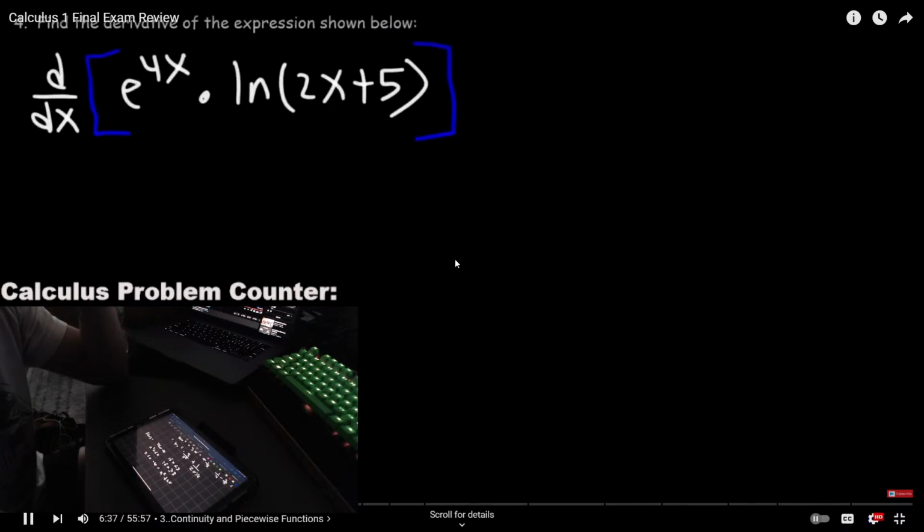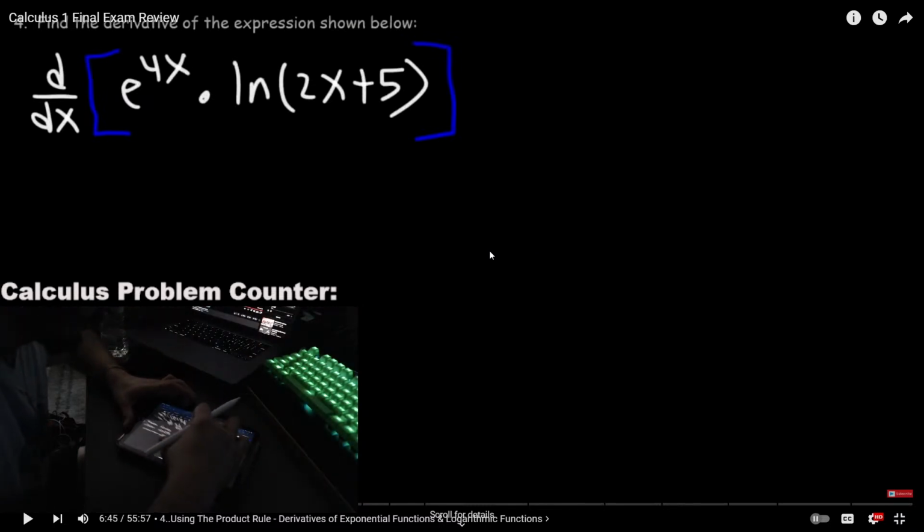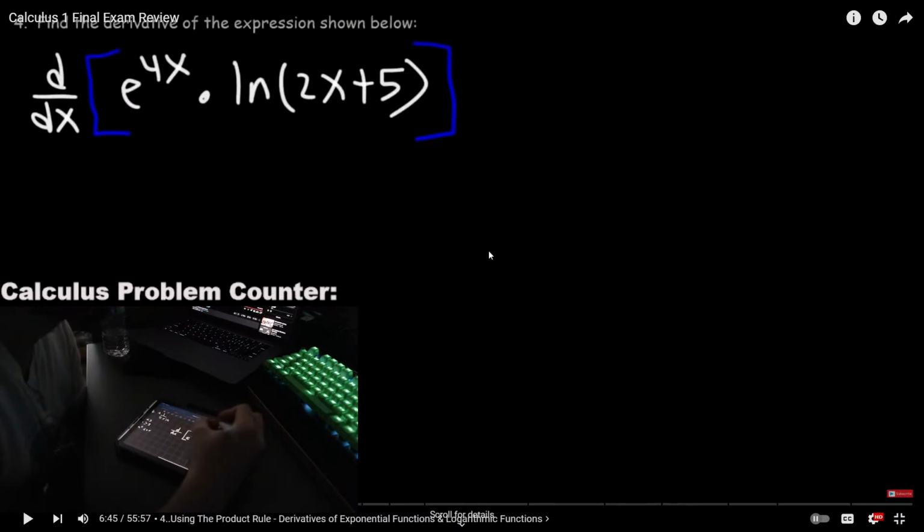Number 4. Find the derivative of the expression shown below: e to the 4x times ln 2x plus 1.